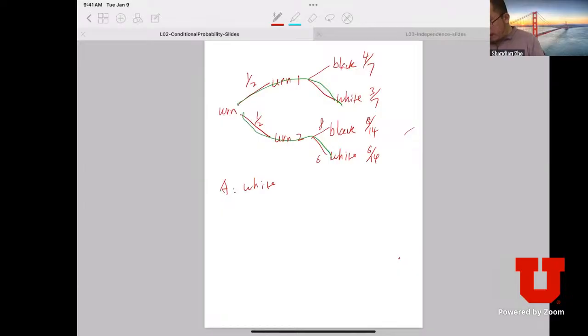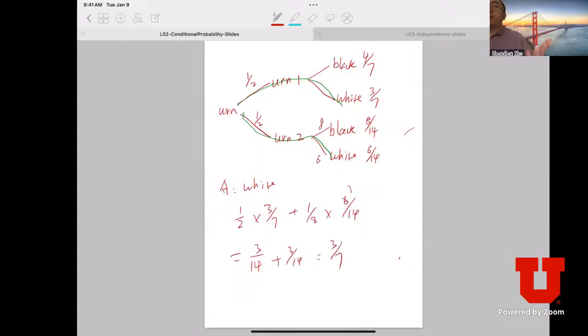So the first path is half times 3 over 7. The second path is half times 6 over 14. When we add them together, it is 3 over 14 plus, and this one, you cancel 3, is 3 over 14, and eventually is 3 over 7.